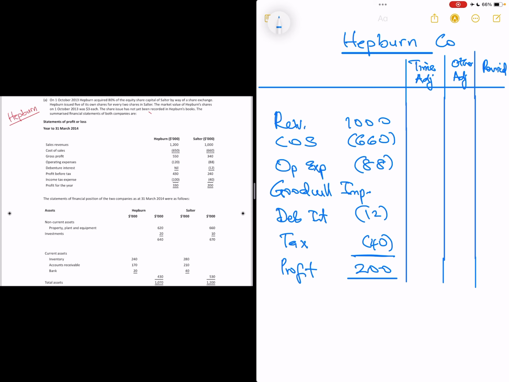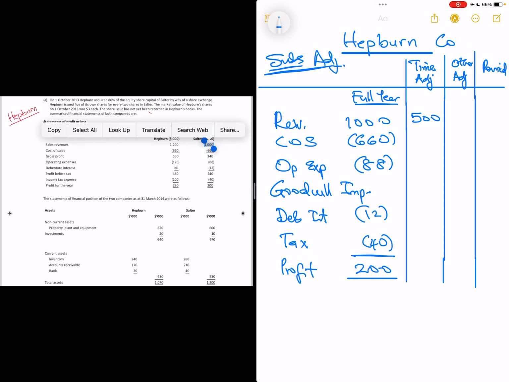So that's the first thing we need to do, and that's what I'm doing now. I'm starting with the subsidiary adjustment. Remember, revised subsidiary financial statement, we need to do that. So time adjustment is the first thing. This will be 500 because this is full year. Remember, like all of this column, that is full year.